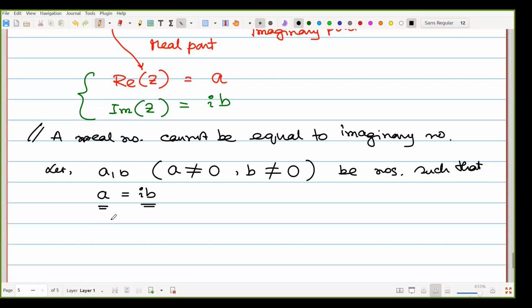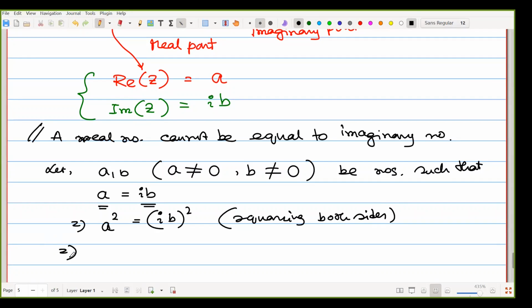So in that case, we are squaring both. So A square is equal to IB whole square, squaring both sides.